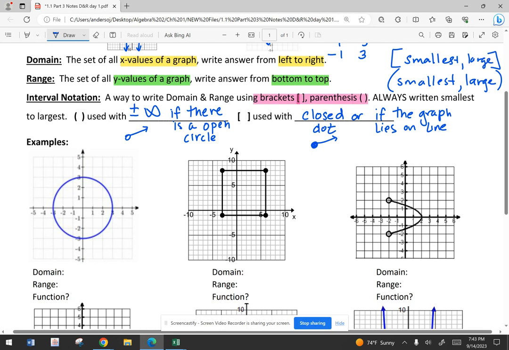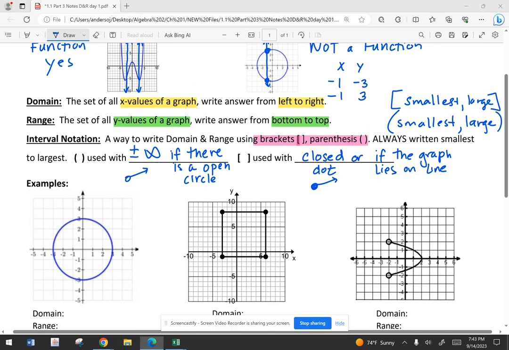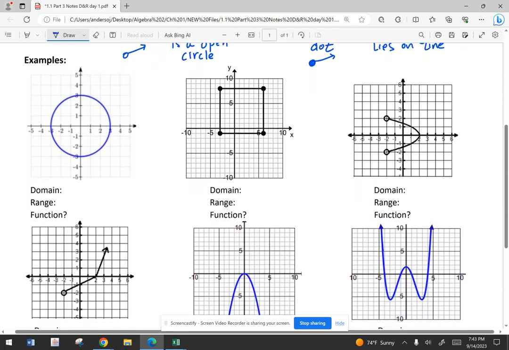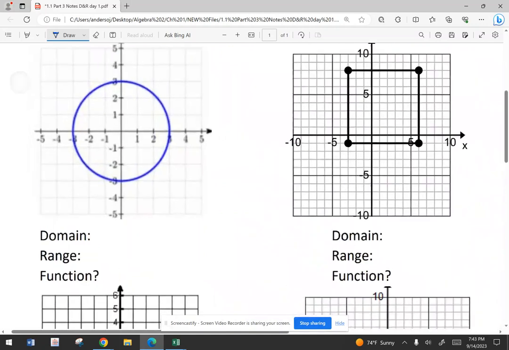You also can have a combination of brackets and parentheses, could be bracket, parenthesis, and then a bracket. So there's a lot of different ways that these look as you're going through them. And we're going to look at several examples as we're going through these particular problems. We're going to start with this one here.